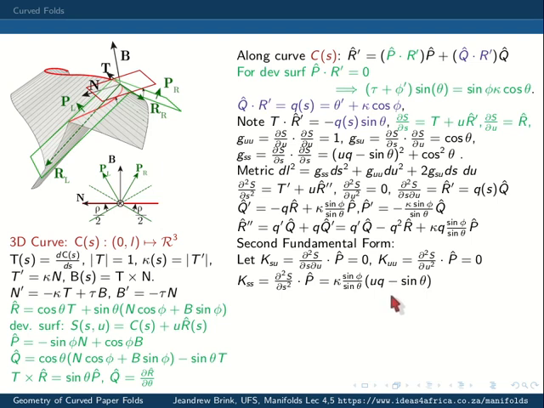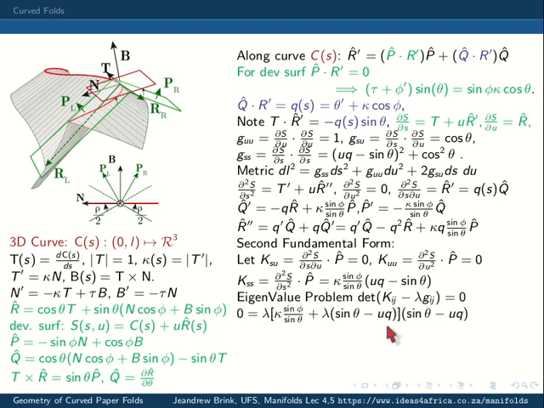And so what we have now is an eigenvalue problem where we have the determinant of K_ij minus lambda G_ij. K is largely 0. We can write it out in full, and we get this characteristic polynomial over here.